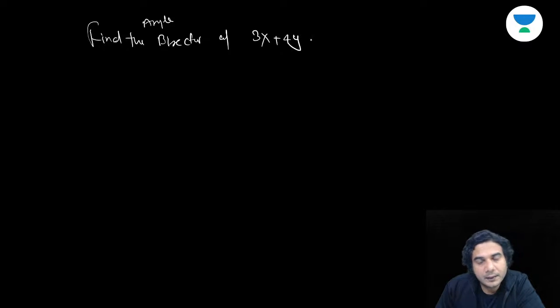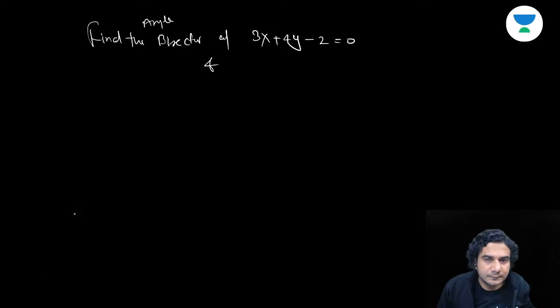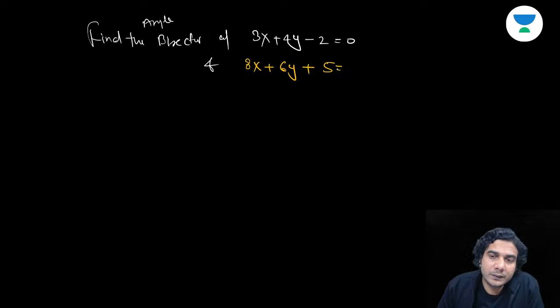Find the angle bisector of 3x plus 4y minus 2 equal to 0 and 8x plus 6y plus 5 equal to 0.